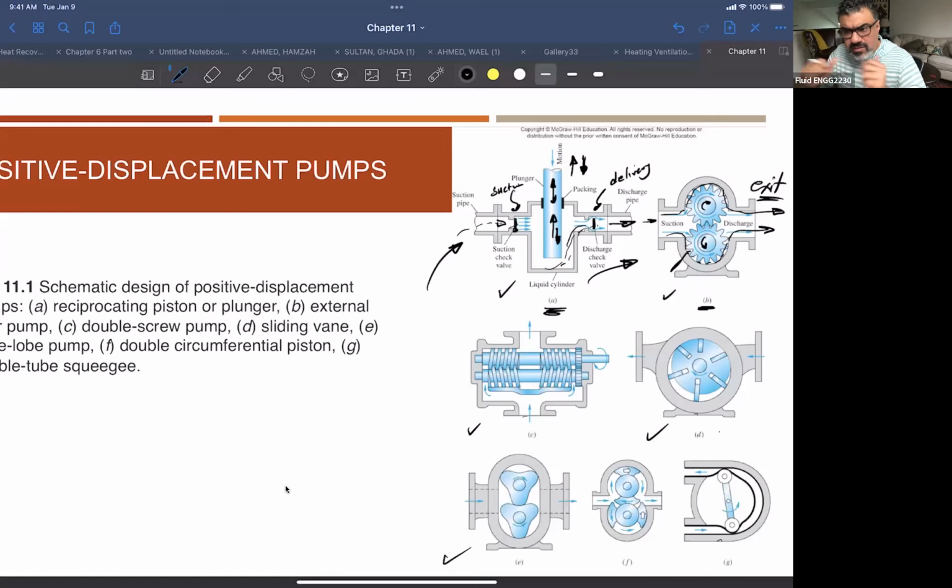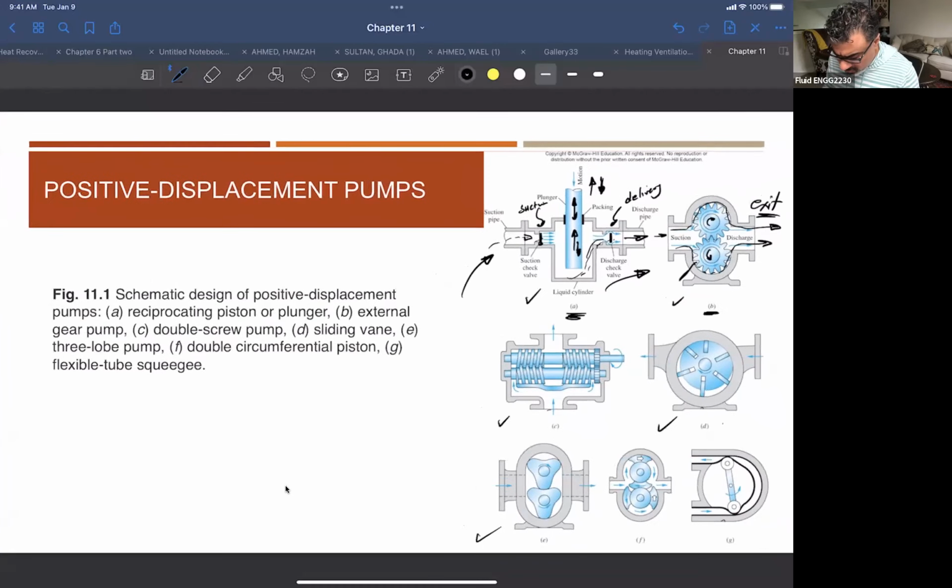So if you have resistance in the system, this pump is basically pushing the fluid in order to overcome this resistance. I encourage everybody here to look at many YouTube videos showing the operation of these different types of pumps. Okay.